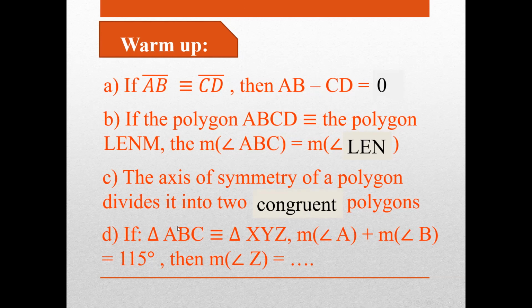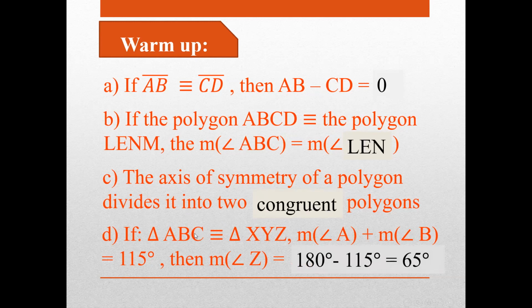So angle A plus angle B plus angle C in the first triangle, triangle ABC, equals 180 degrees. So if angle A plus angle B equals 115, then angle C equals 65 degrees. But we want to find the measure of angle Z.